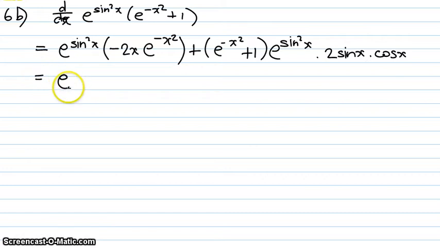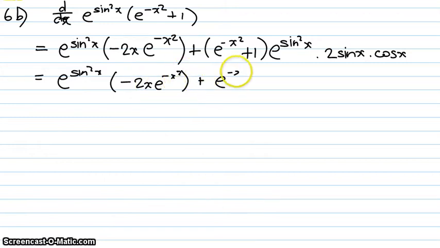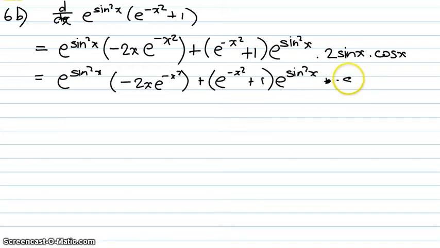This is e to the sine squared x times minus 2x e to the minus x squared, plus e to the minus x squared plus 1 times e to the sine squared x times sine 2x, combining 2 sine x cosine x.